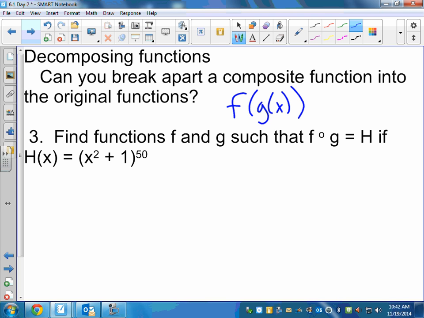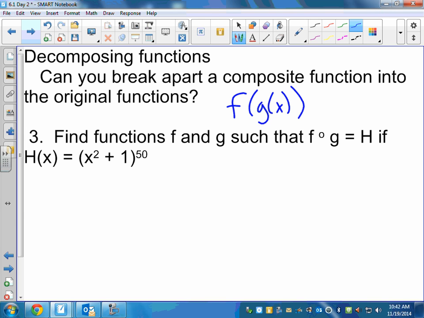So for number 3, it says find functions f and g such that f of g equals h. So they're telling you that this is the composite function. They want you to tell them what is the outside function, what is the inside function. And it's one of those things that if you don't see it right away, as you do some of these, you'll see it a little bit more. Because for me, when I look at this, do you see something that's on the outside and something that's on the inside?